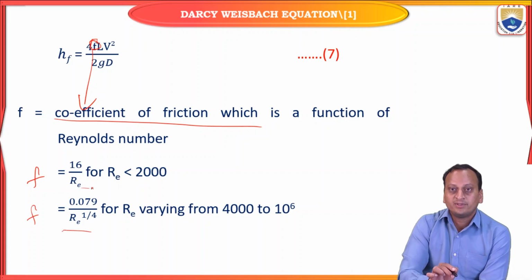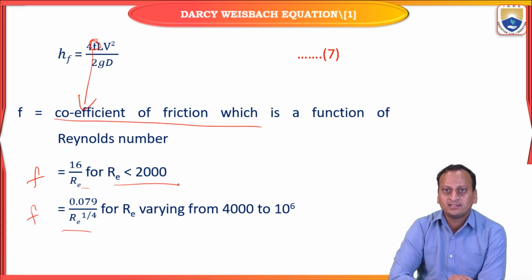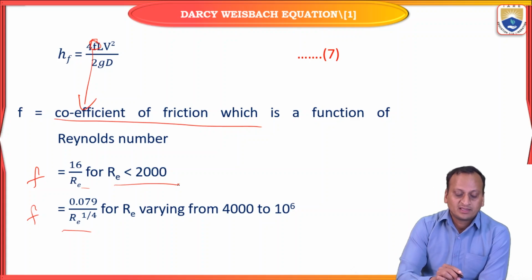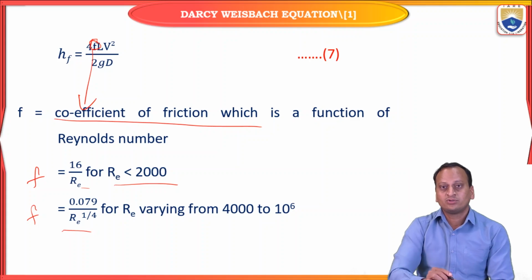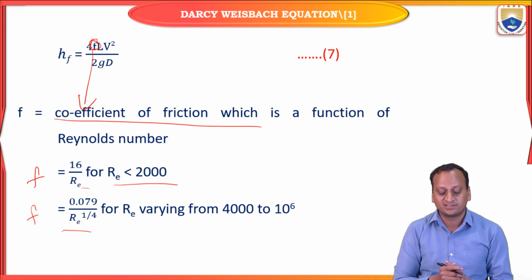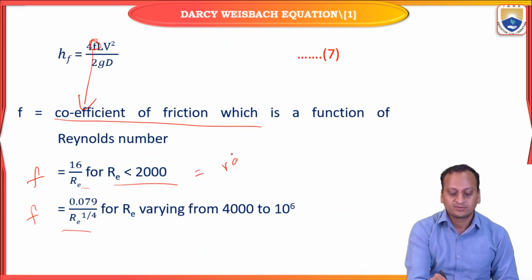These definitions will be based on Reynolds number. If the Reynolds number is less than 2000, that is known as laminar flow. That is experimentally proven. The Reynolds number is nothing but the ratio of inertia forces to viscous forces: rho Vd by mu, or Vd by nu.